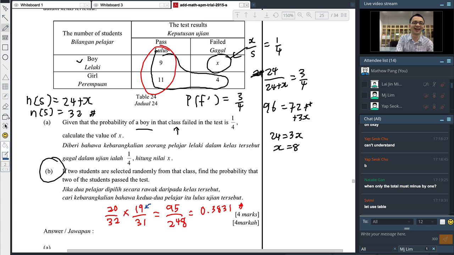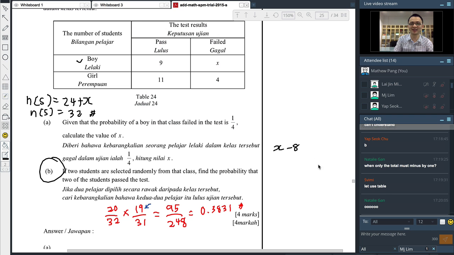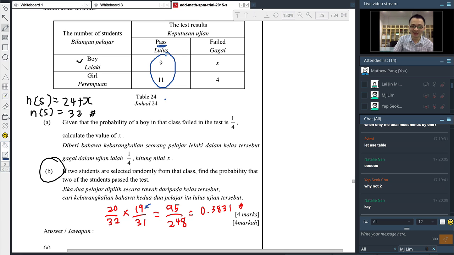So, yeah, let's use the table to explain again. Total students who passed the test, on the table, do you see? Lulus, pass. So the number of students who passed the test is 20. The number of students in the class is 32.